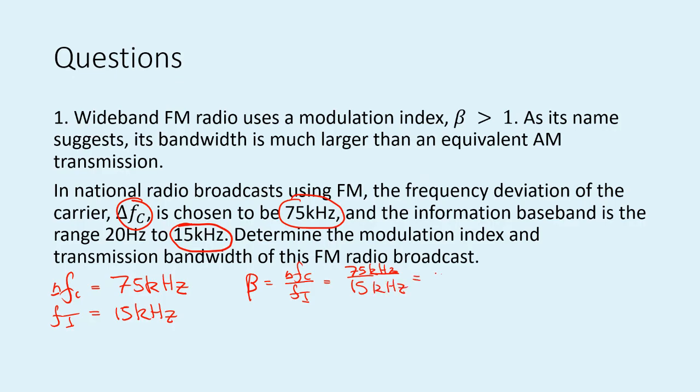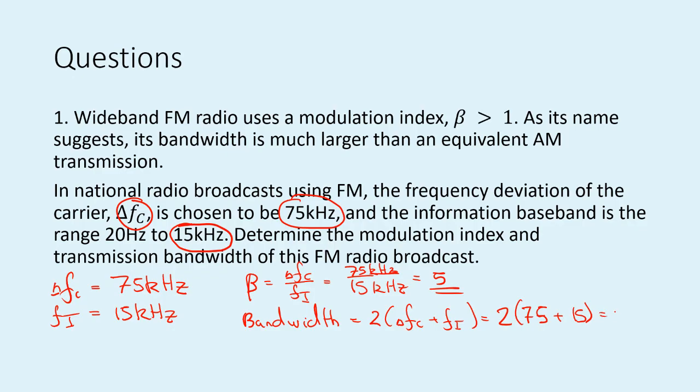So 75 over 15, putting that into a calculator is 5. So modulation index of 5. And bandwidth, again, it's just about putting it into the equation. Bandwidth, of course, does have the same units as the figures you're putting in. So that's the first question.